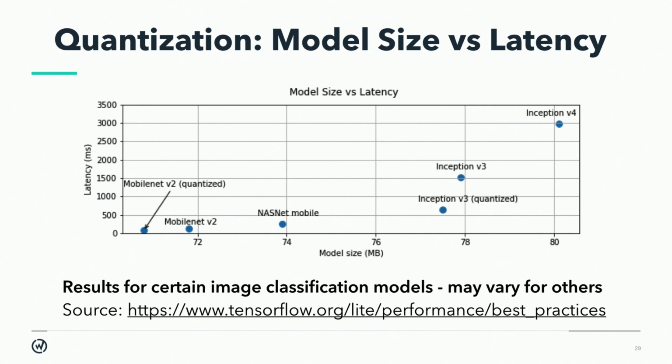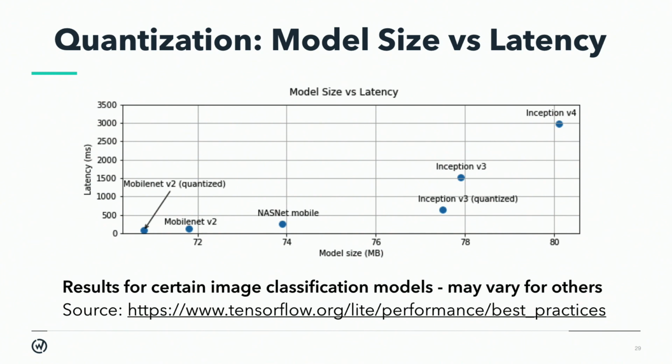I also included some charts here to give you an idea of how quantization can affect the size of a machine learning model and its latency. It could be different for different types of models. Here is an example for some well-known image classification models like MobileNet and Inception.